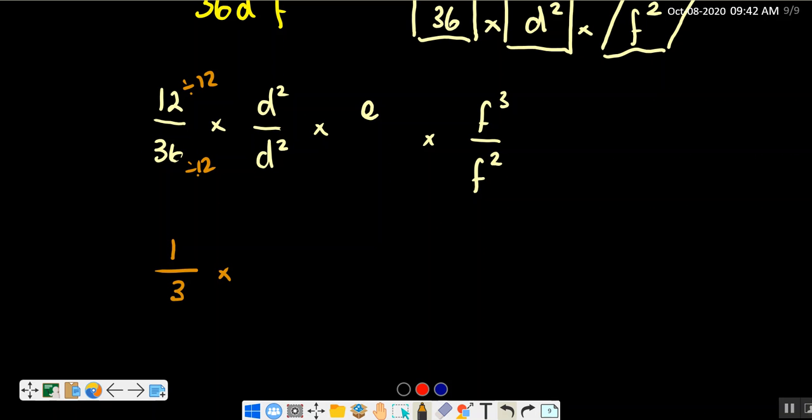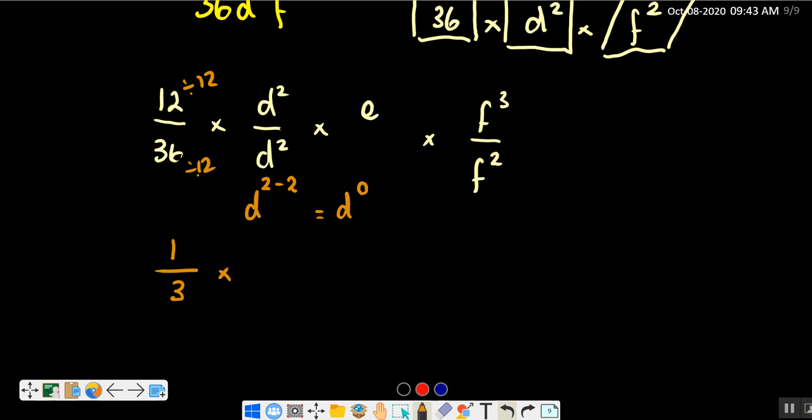What's the next one then? Well, d squared divided by d squared is? D squared. It's not, is it? Let's look at it. It would be d to the power of 2 minus 2 because it's division. So it's d to the power of 0. d to the power of 0 is 1, isn't it?